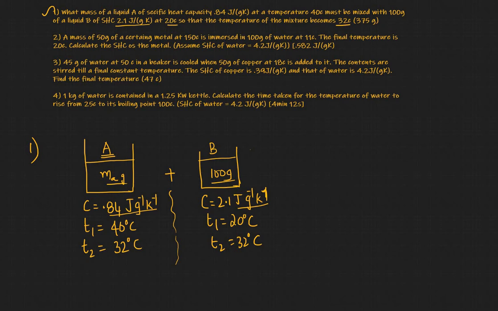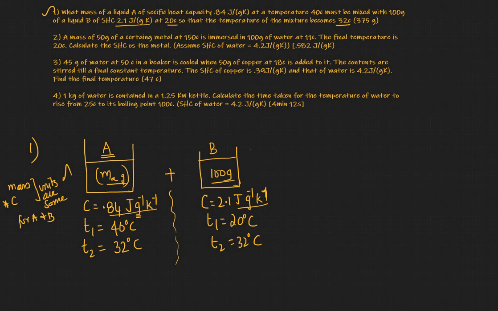Of course, the other thing you need to make sure is, if this mass is in gram, this C also should be per gram. So the mass and the C units should be the same for A and B. That's what we need to check. If it is the same, then we are all set.